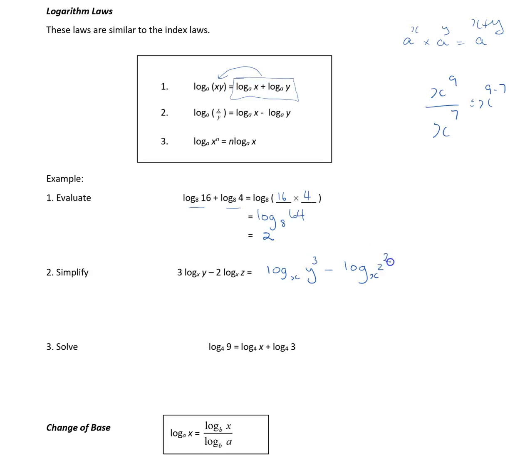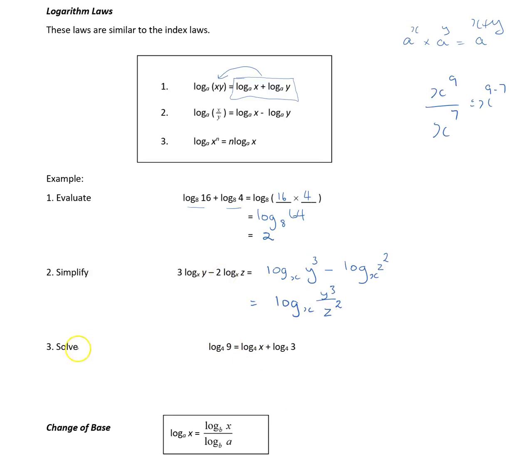Now, once I've got the log to the same base in each one of those, I can use the reverse of the second law and put those together and say it would be the log to base x of y cubed over z squared. And like I said at the beginning, we can't come up with a numeral answer, but we have certainly simplified it.